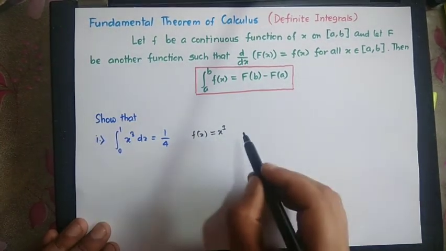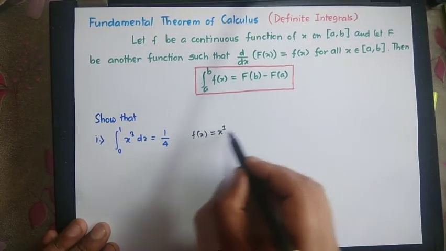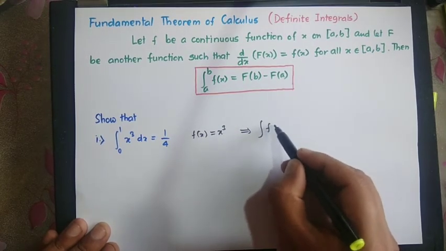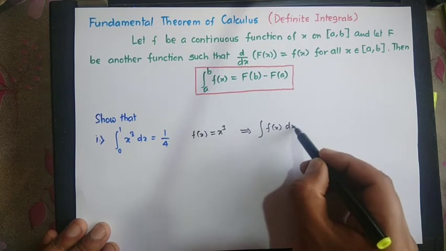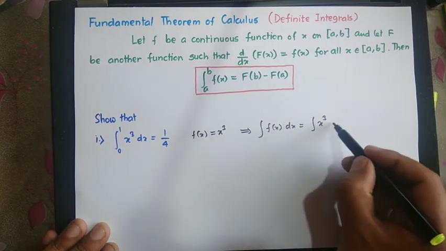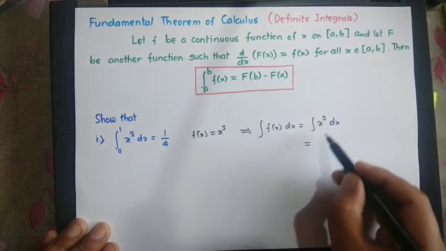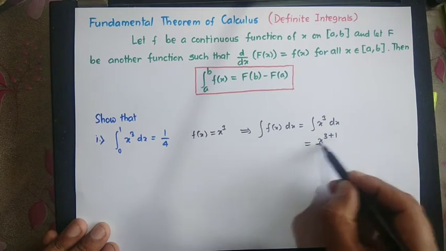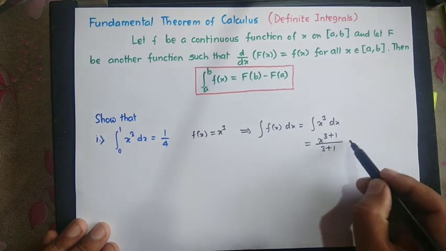The integration of f(x) is the integral of x cube dx, because my f(x) is x cube. According to the formula for x to the power n, it will be x to the power n plus 1 by n plus 1.